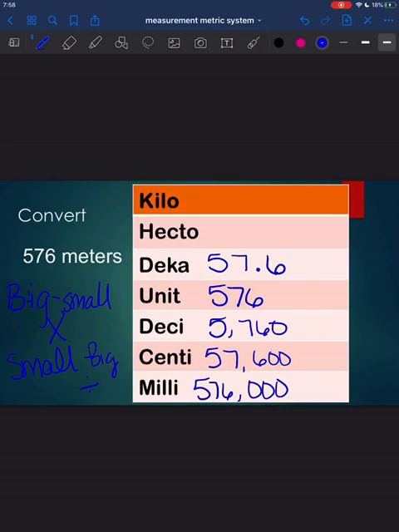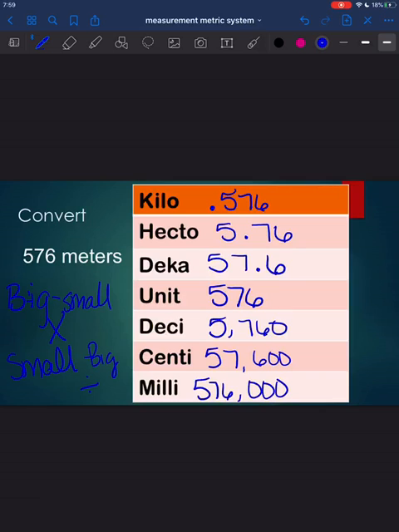The 6, which was once in the ones place, is now in the tenths place, and all my numbers are pushed back one. Then hectometers would be 5.76. And finally, kilometers would be 0.576, which is all equivalent to 576 meters.